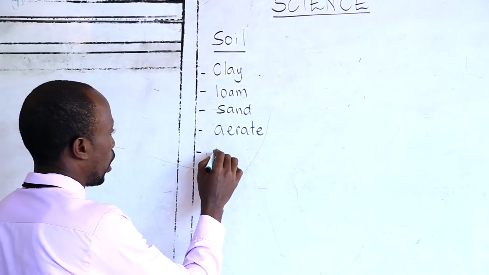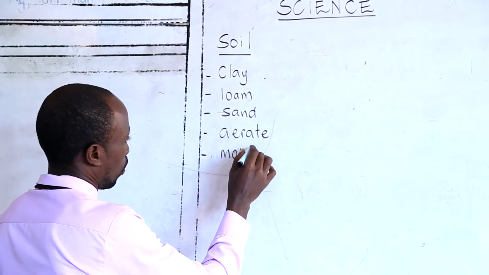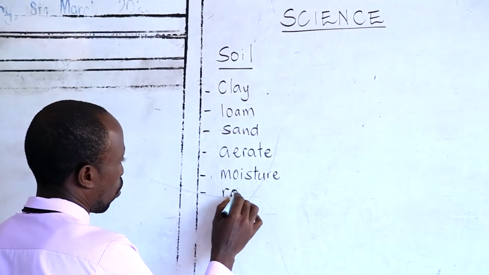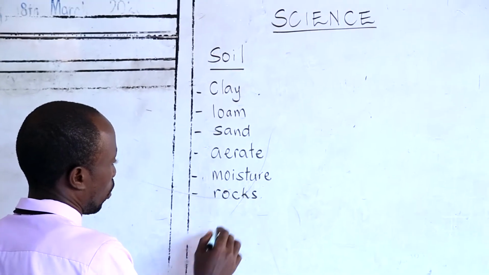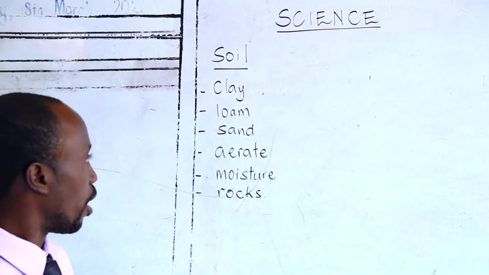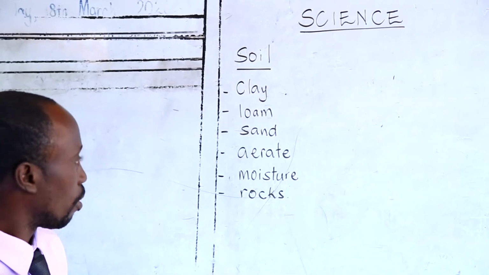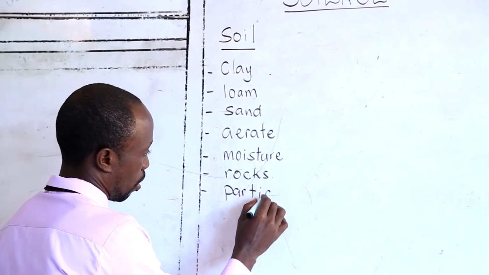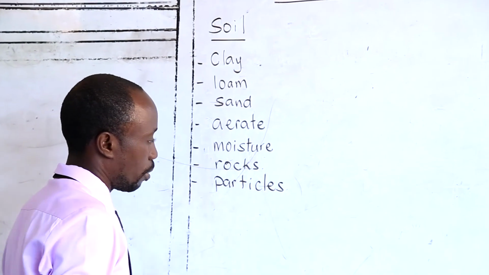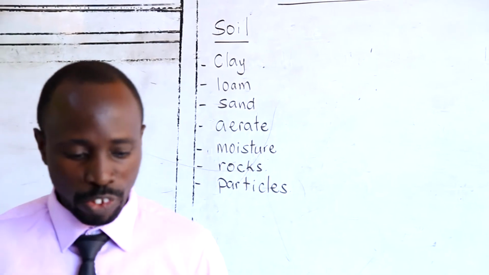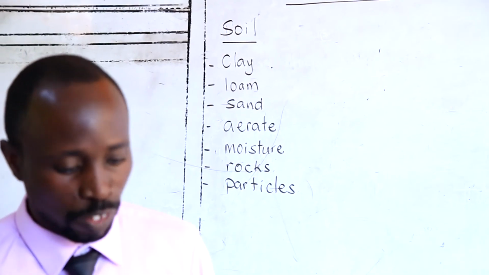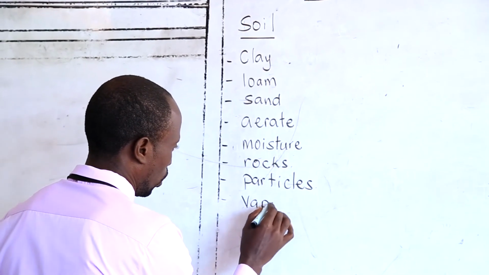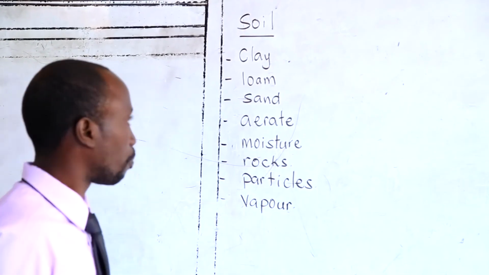We have moisture, we have rocks, things that you will find along the way. We have words like particles, and vapor. I selected a few, not all, and I'll try to explain some of these.